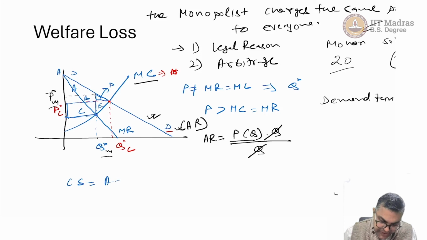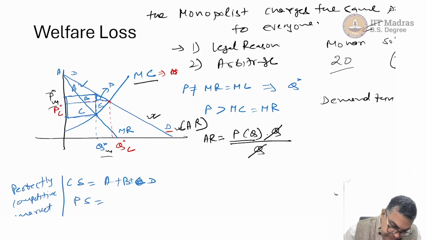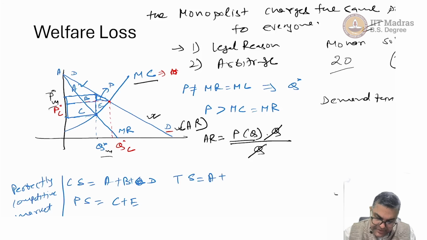It's going to be A plus B plus D. And how much is the producer surplus? C plus E. And how much is the total surplus? A plus B plus C plus D plus E.